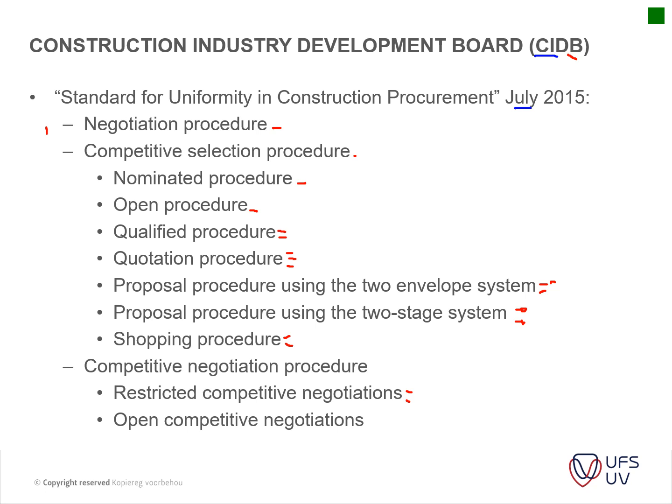Is your price fixed or not? Are you willing to drop your price or not? So a bit of a negotiation. Then you have open competitive negotiations, where you have a purely bid type of tender, where contractors can bid on a project.